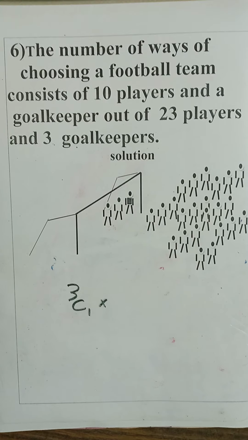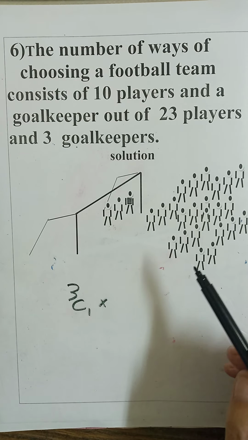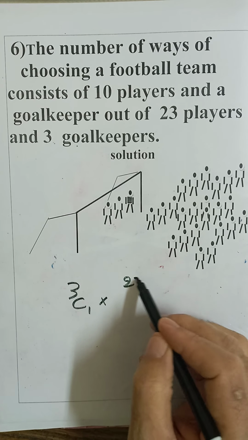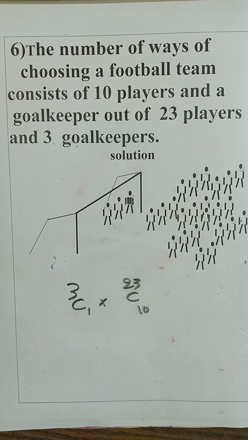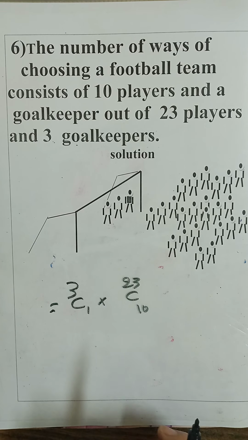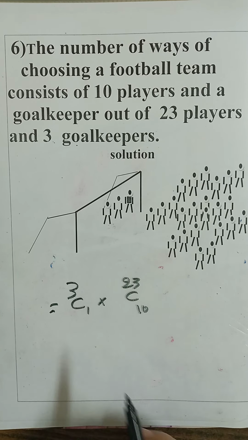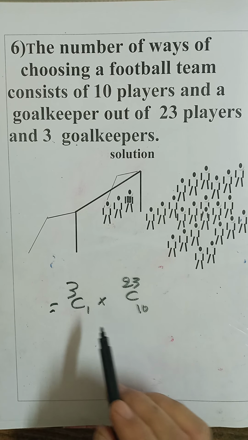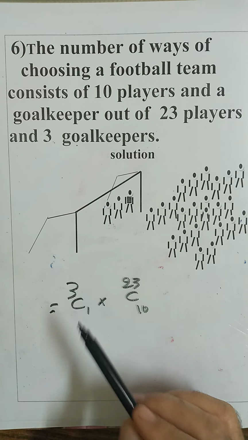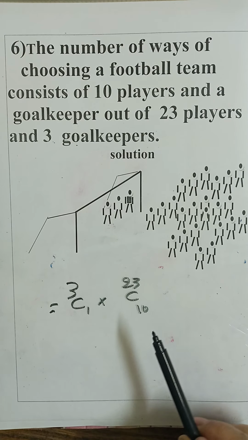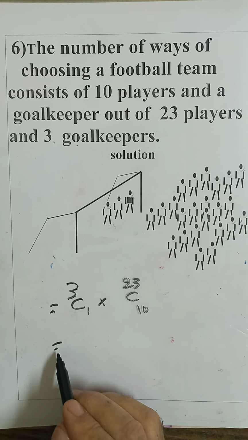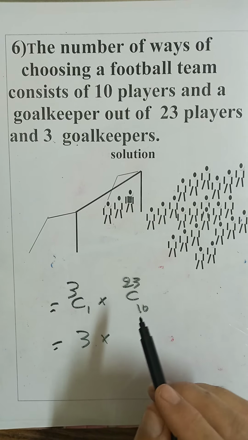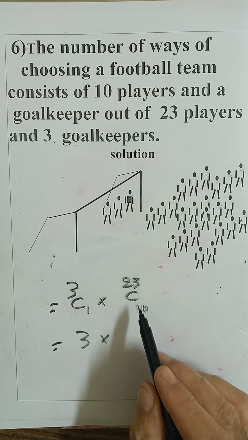The number of ways to choose 10 players from 23, you can write 23C10. Okay? Therefore, the two events occur together, so we multiply: 3C1 times 23C10. So the number of ways of choosing a goalkeeper is 3C1 and the number of ways of choosing 10 players from 23 is 23C10. To form the team together we multiply 3C1, which is 3, times 23C10.